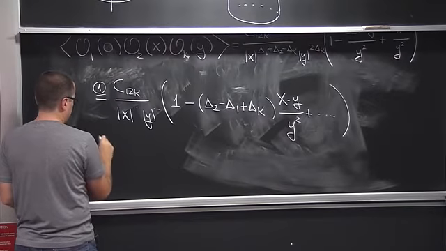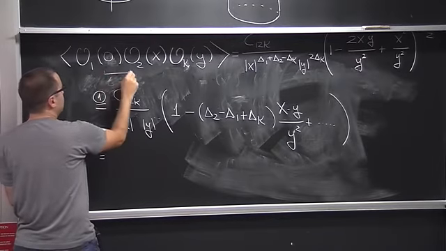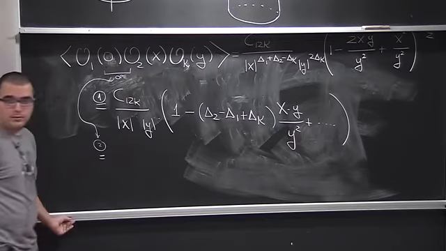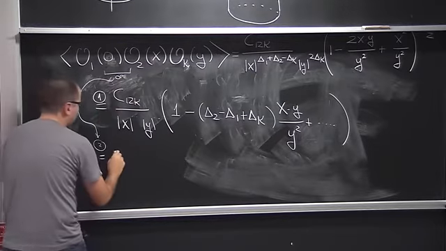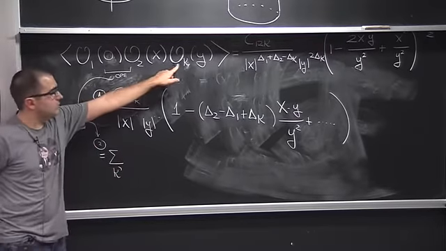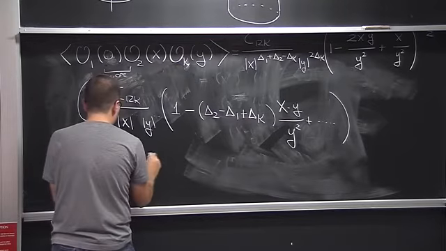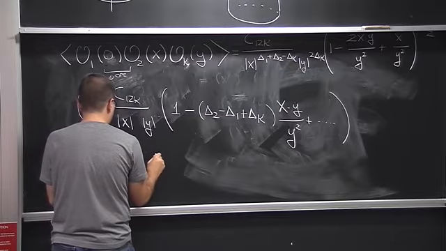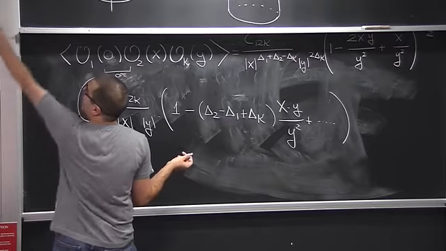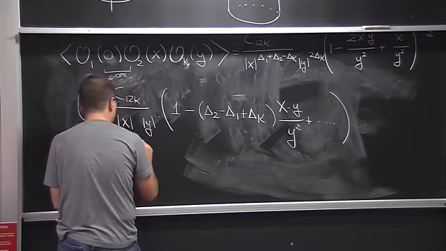On the other hand, from a different point of view, I can replace O1 and O2 by their OPE. Right? And when I do it, what do I get? I get a sum over all primaries, let me call it k prime, not to confuse it with this k here. Sum over k prime, and then sum from n equals 0.